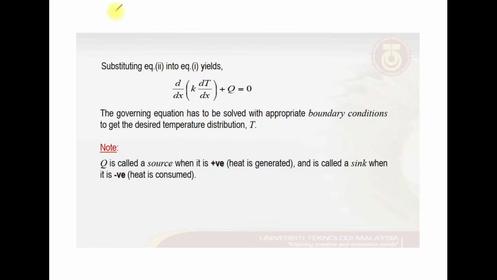So at this stage, we know that Q is just the gradients of the Q over dx, and we also know from Fourier's law that the heat flux is equal to the gradients of the temperature in one direction multiplied by the heat conductivity of a specific material.